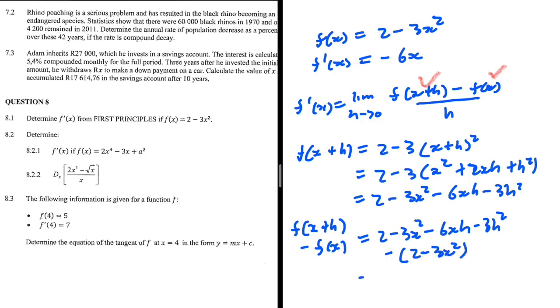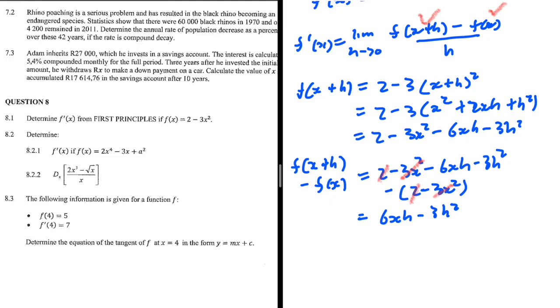So we have 2 minus 2, which is 0, and then minus 3x squared plus 3x squared, which also gives us 0. So we are left with minus 6xh minus 3h squared.